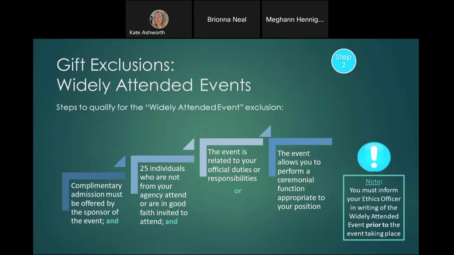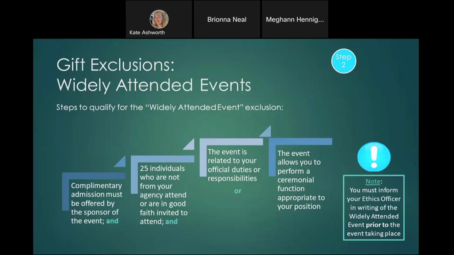The next slide. Another widely used gift exclusion is the widely attended event. And here's our little outline of the steps you need to go through to make sure that you're approving these in an appropriate way. The complimentary admission must be offered by the sponsor of the event, and 25 individuals who are not from your agency attend or are in good faith invited to attend.